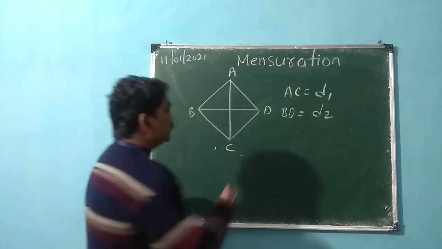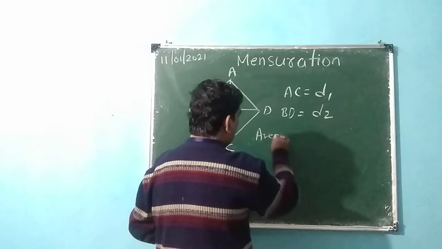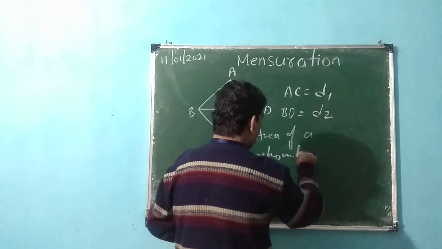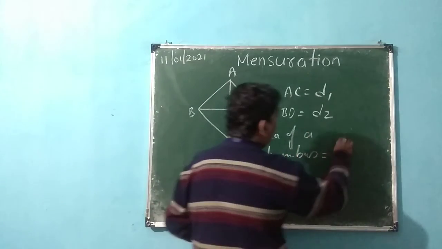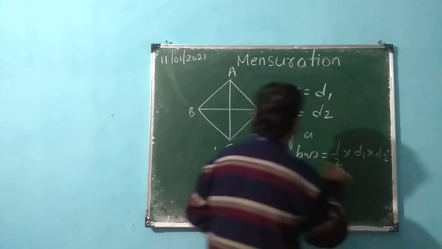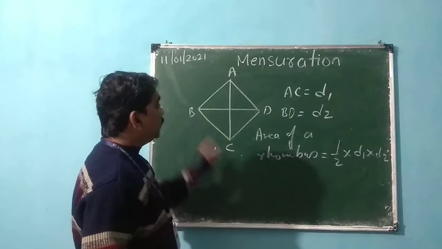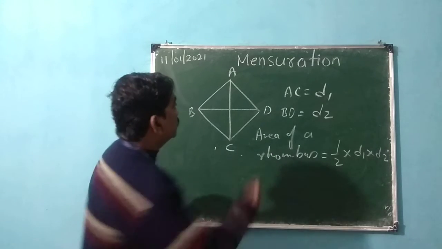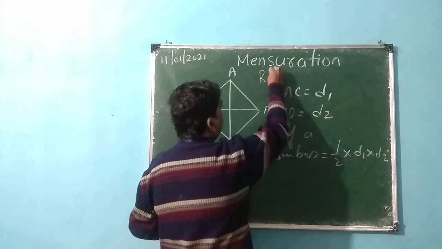So area of a rhombus is equal to half into D1 into D2. This is the formula. Half D1 into D2. Clear? That is area of rhombus. The figure is rhombus here.